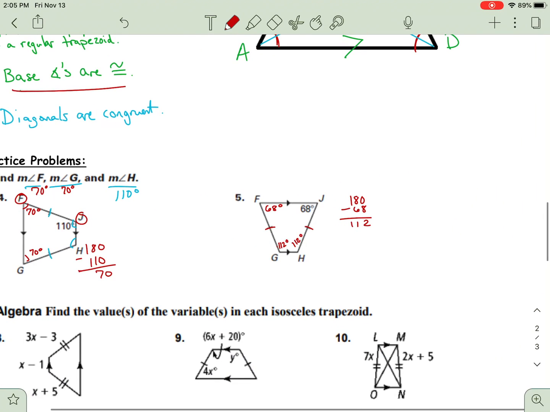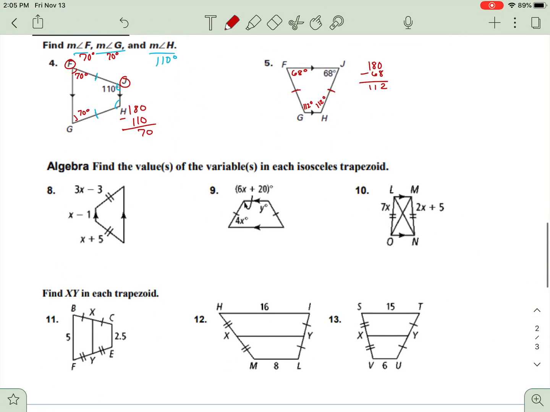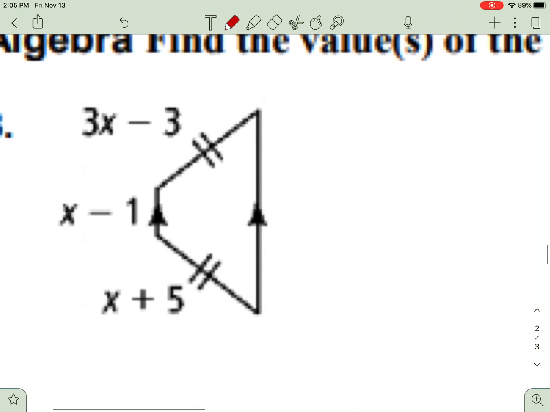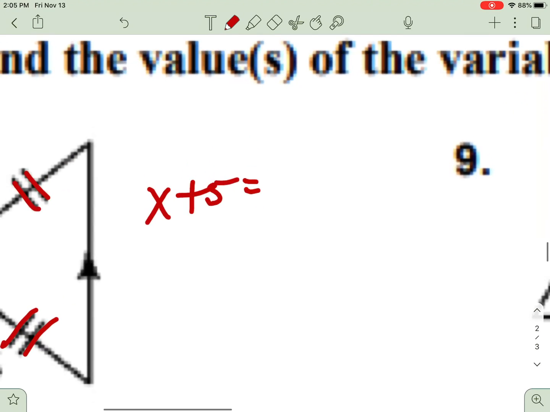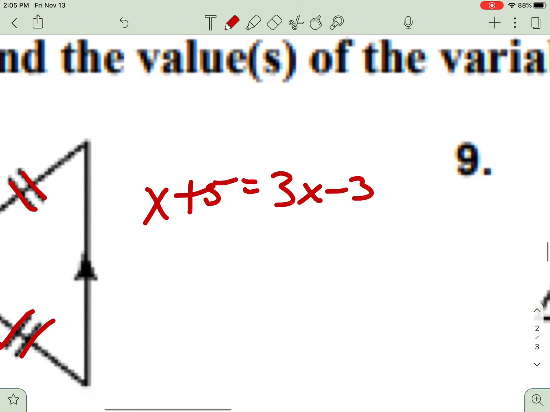Okay? All right. Find the value of the variable in each isosceles trapezoid. Okay, so this is isosceles. We want to find the value. It looks like all that we have to look for is x. Well, we know this is isosceles. These are congruent, so we can just set them equal. X plus 5 equals 3x minus 3.